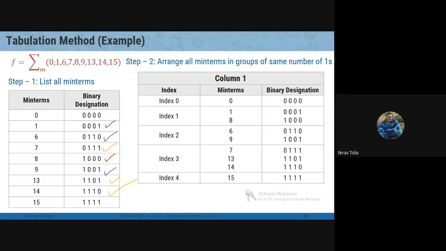So we have a group of 7, 13 and 14. And index 4 means a binary representation which has 4 ones. There is only one possibility, which is 15.